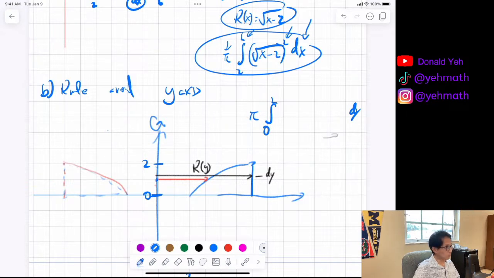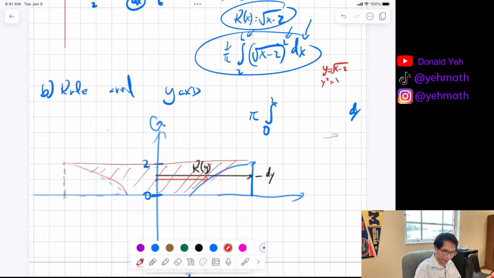Now, what is the big R of y? We know this is a washer because it's a cylinder, take away this region here. So basically a whole cylinder of radius 6 and take away this red part. And the red part is based on y equal to square root of x minus 2.